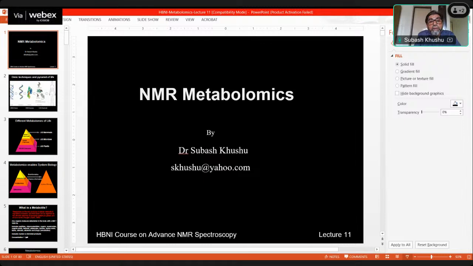This is a very sensitive technique, and here I am showing an untreated human urine spectrum at 900 megahertz. You can see a huge number of peaks which are visualized here. This urine spectrum has a lot of information contained in it.